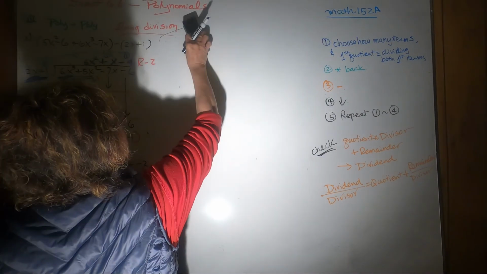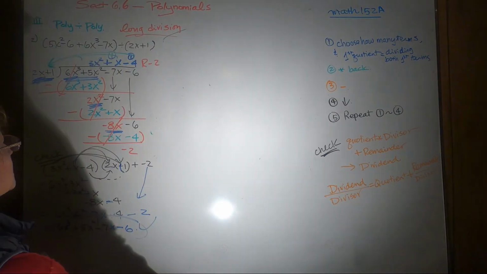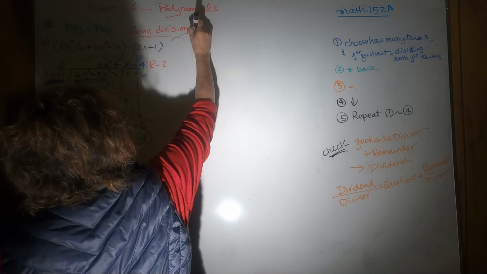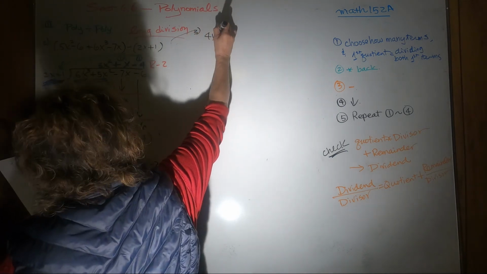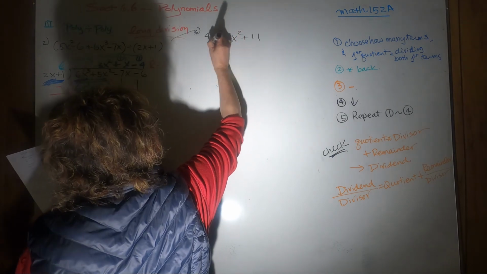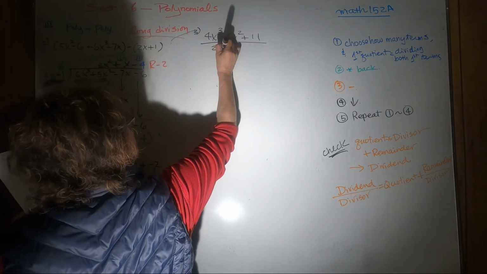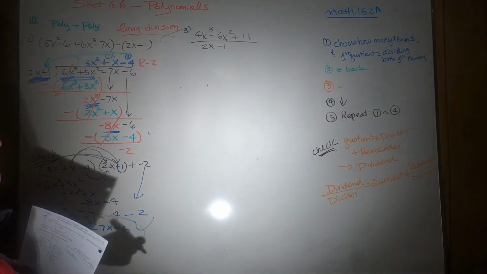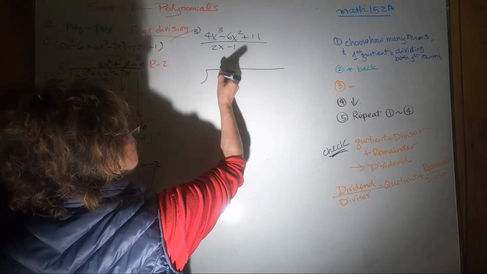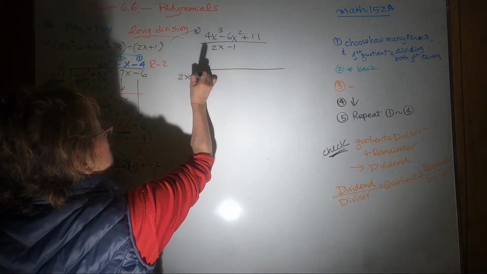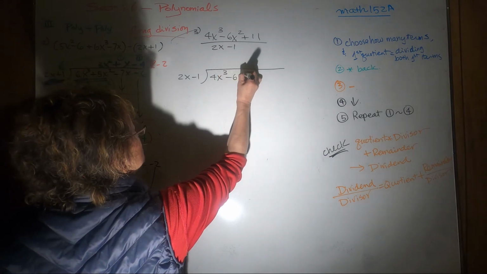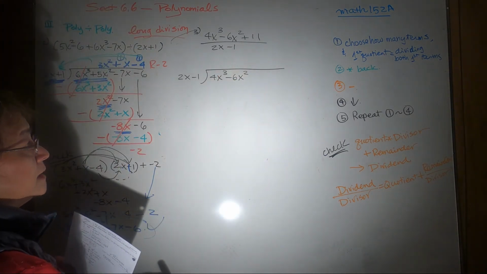Okay, let's see the next one. We have 4x cubed minus 6x squared plus 11 divided by 2x minus 1. So we put the numerator inside and the denominator outside. 4x cubed minus 6x squared, that's all fine.